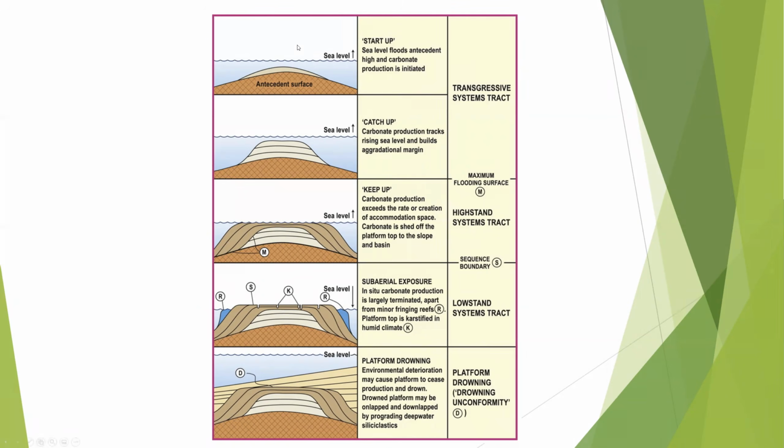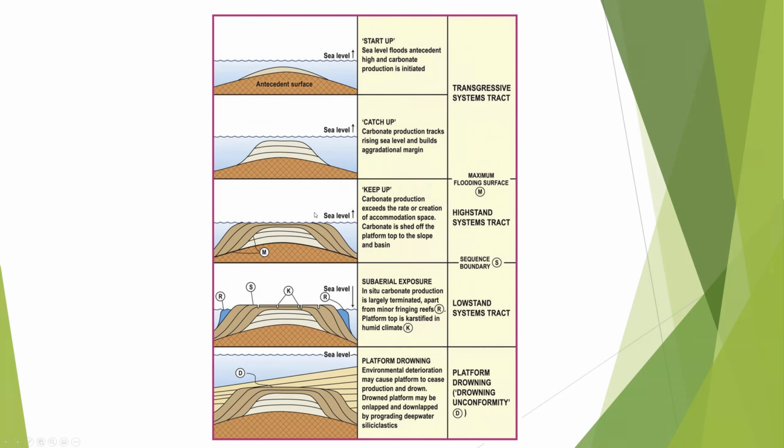For example, at the start of creating a platform, if the sea level goes up, after a lag, the organisms start to create carbonate sediments. After that, when the sea level goes up, the carbonate production goes up because they wanted to catch up, they wanted to get the light. So they produce carbonates here, and we have huge thickness of carbonates in this part, in the catch-up parts.